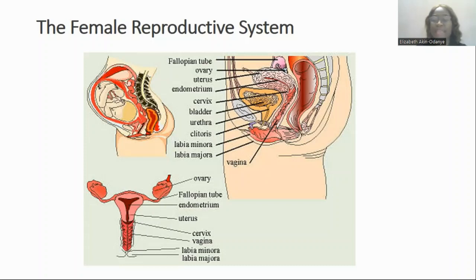The egg is released via the stimulation of the luteinizing hormone. The follicle stimulating hormones allow the egg to mature, and then the luteinizing hormone causes the matured egg to be released from the ovary into the abdominal cavity.